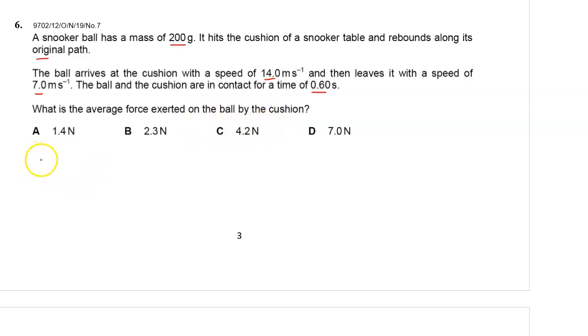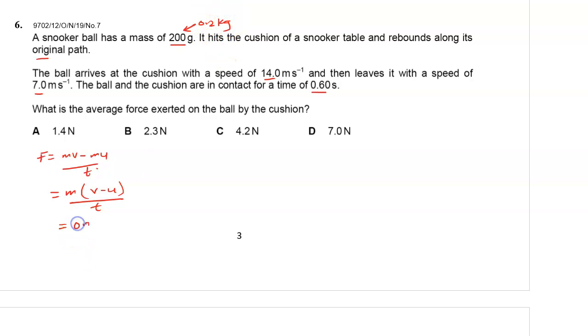Of course, we know that force is equal to change in momentum over time. Okay, so in this case, you can factor out m. So F is equal to m times (v minus u) over t. Okay, so m is 0.2. We change 200 grams into kilograms to be 0.2 kilogram.